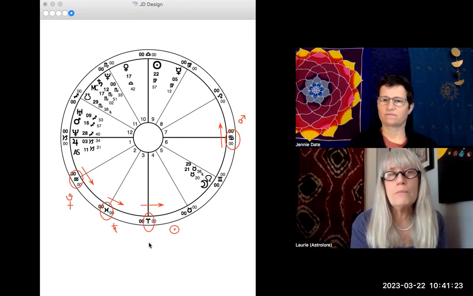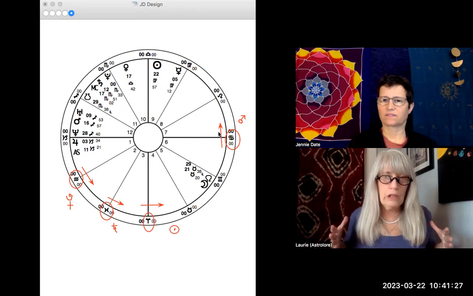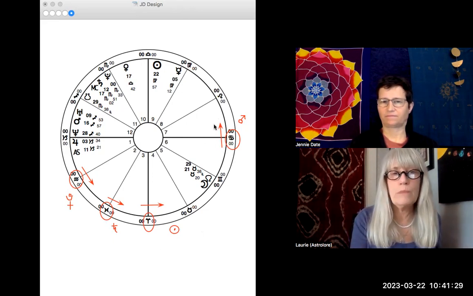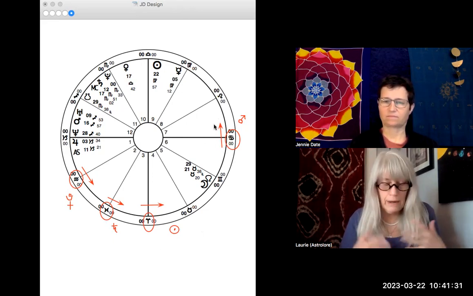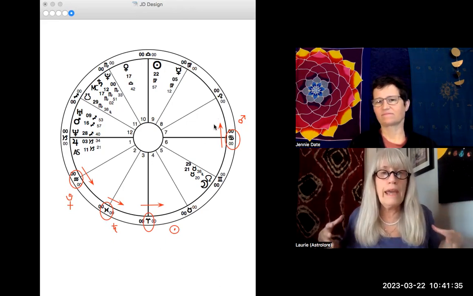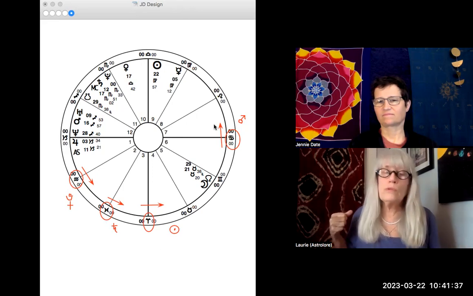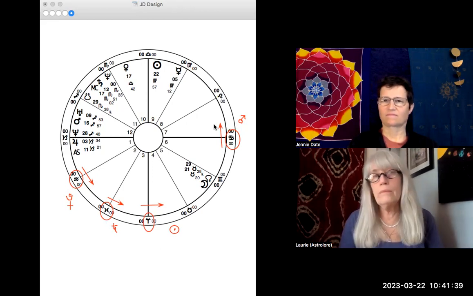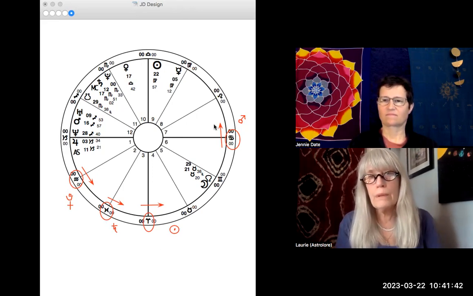So, Mars moving into this person's seventh house, there's a lot of learning that has been done on how to take care of the self day to day. Now it comes out into, okay, how do I use that to directly support my partner or my partnership?